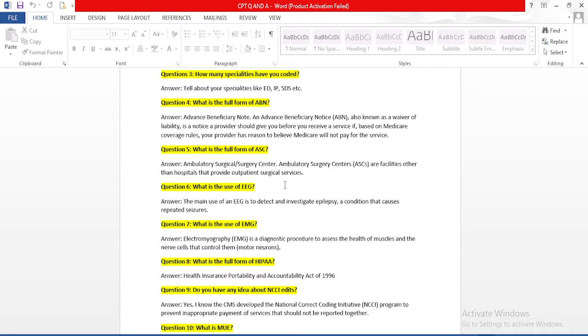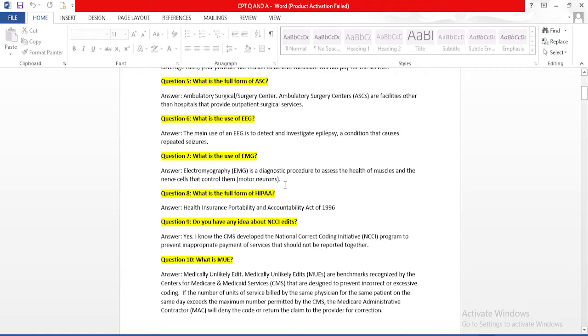Basically, whenever the provider provides service to patients, if the provider thinks he will not get money from Medicare, he will give us one note, which is the Advance Beneficiary Note. Using this note, the provider tells us that if Medicare will not pay, the patient needs to pay the money to the provider for the services.